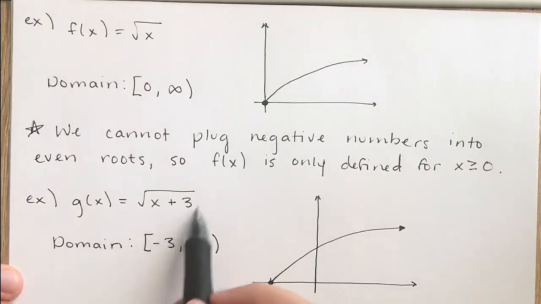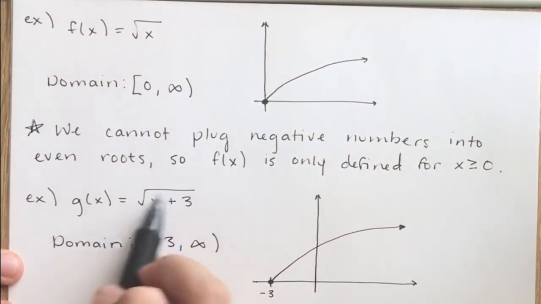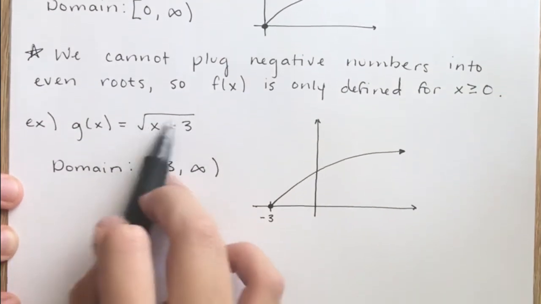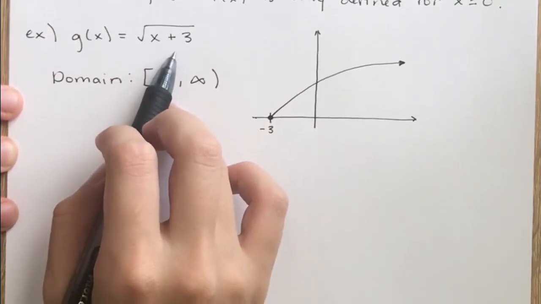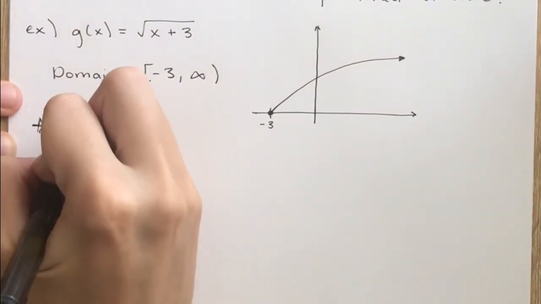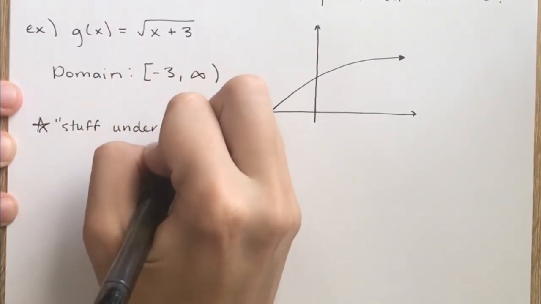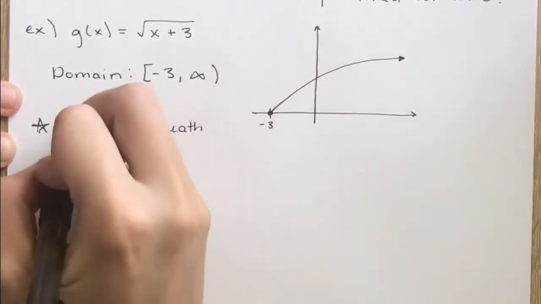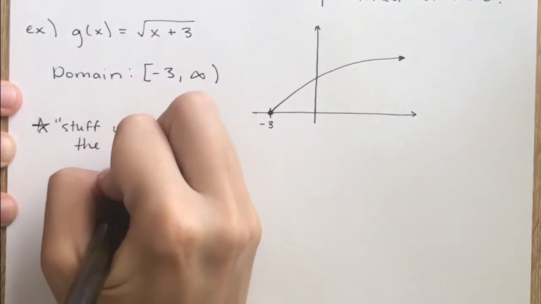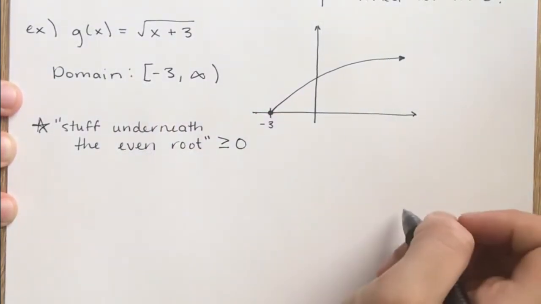So how can we look at this function on its own without looking at the graph and figure out the domain? Well, we want this to be not negative, meaning we want this to be greater than or equal to 0, right? We can take the stuff underneath the even root and set it greater than or equal to 0.